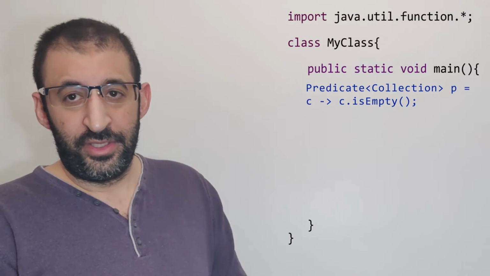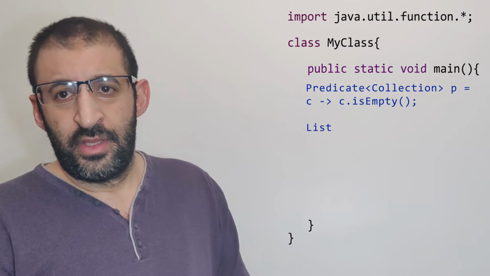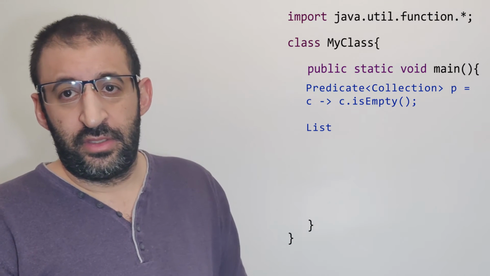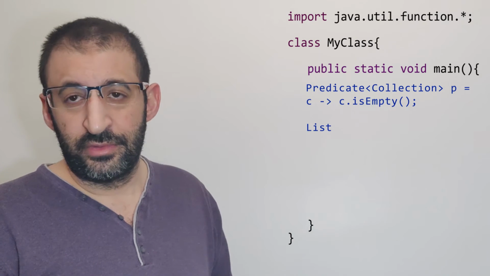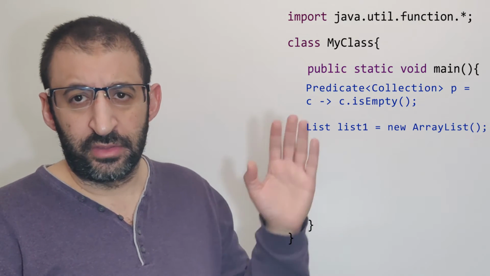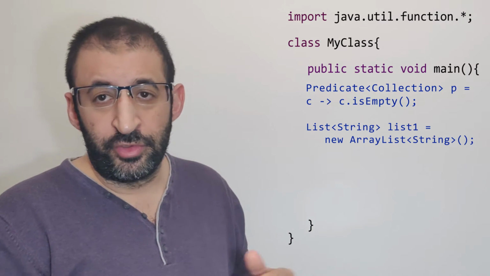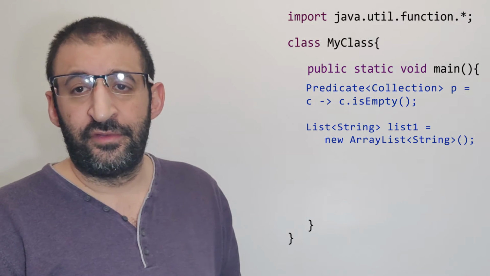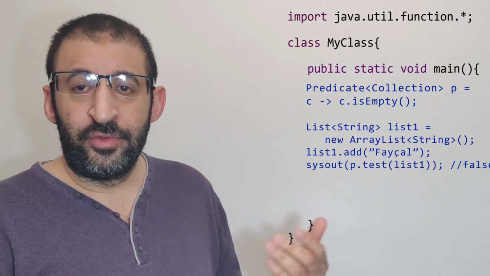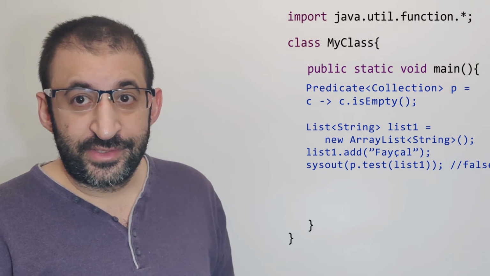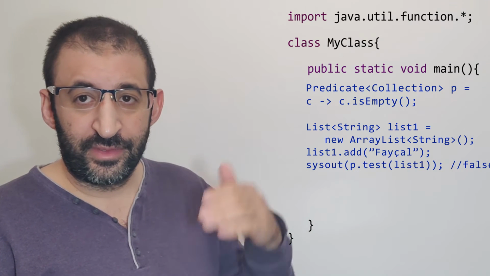After this, I will create a collection, a list, to check this predicate. So I will create a list, list1 equal new ArrayList of String. For the first list, I will add just one element, so list1.add Faisal. I will make System.out.println c.test of list1 to check if list1 is empty or not.